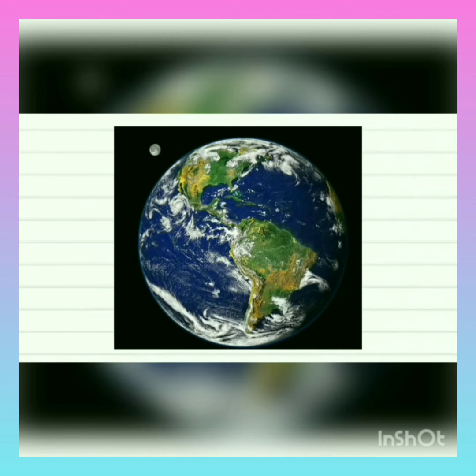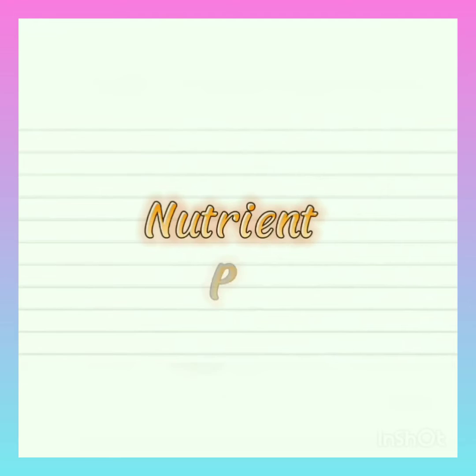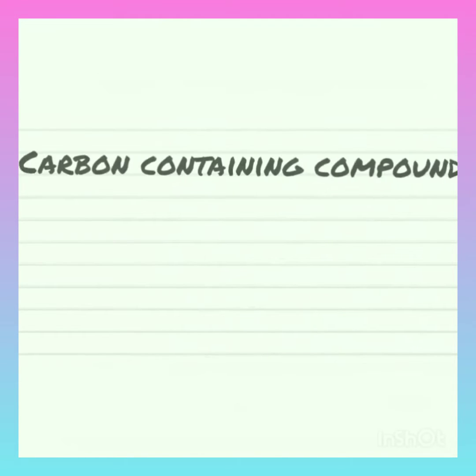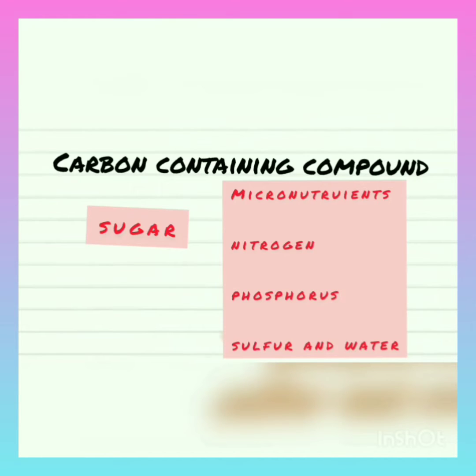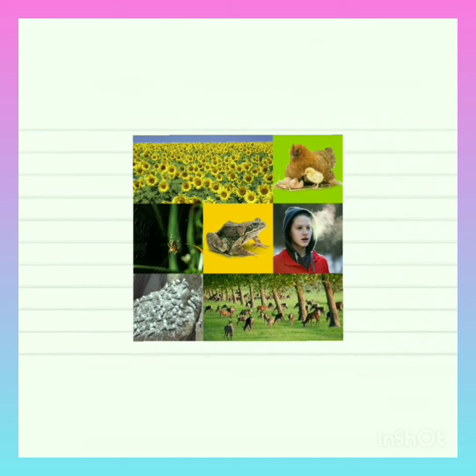Nutrients move between living things, into the earth, and into the atmosphere. This process is called a nutrient cycle. Things we need to survive, like carbon-containing compounds such as sugar, micronutrients like nitrogen, phosphorus, and sulfur, and water, move through living things and our environment.